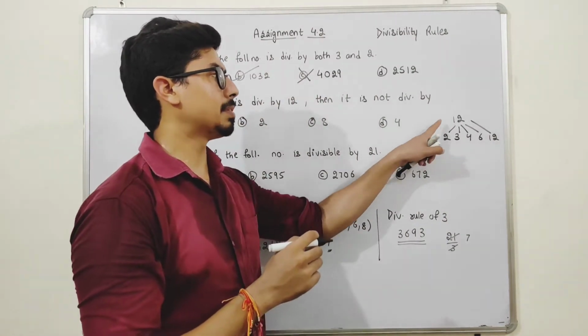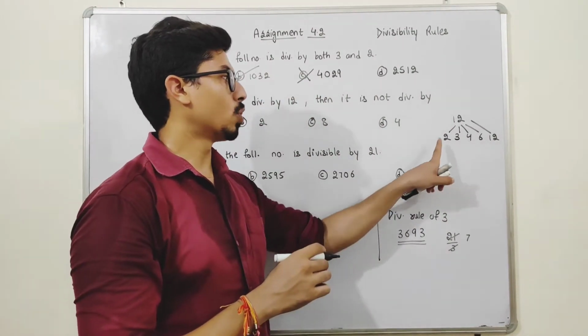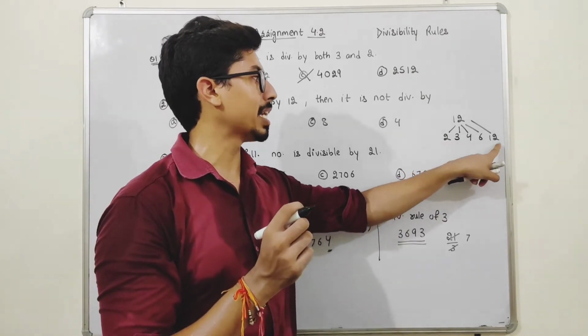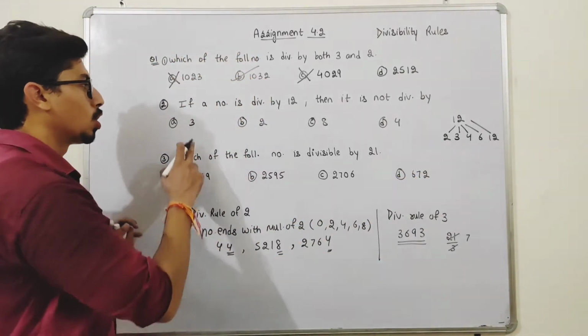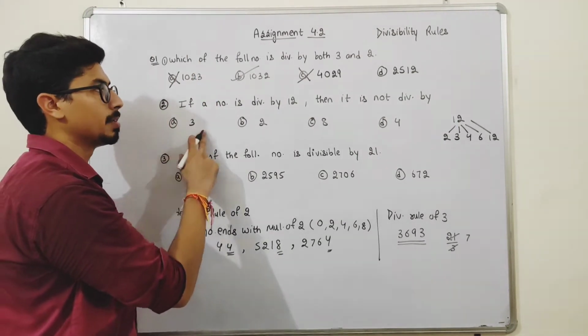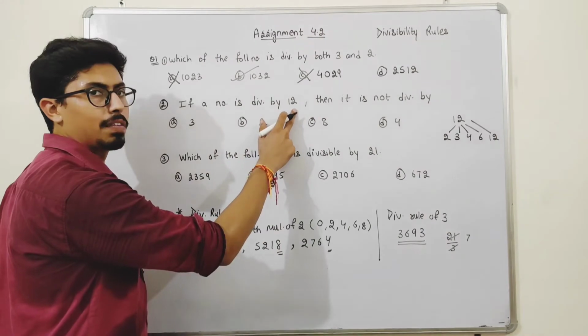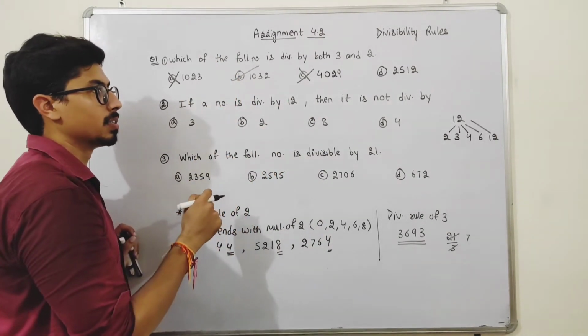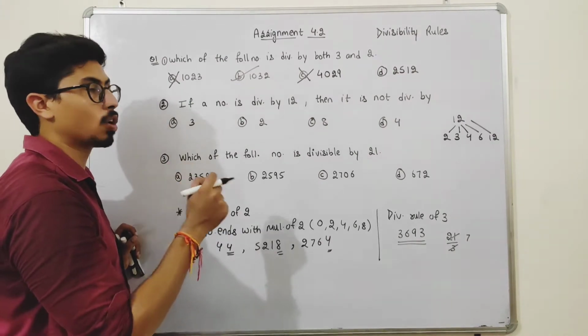If a number is divisible by 12, then it should always be divisible by 2, 3, 4, 6, and 12. Okay. 3 is a factor, so the number will be divisible by 3. 2 is a factor of 12, so the number will be divisible by 2 as well. But 8 is not a factor. 8 is not a factor of 12.